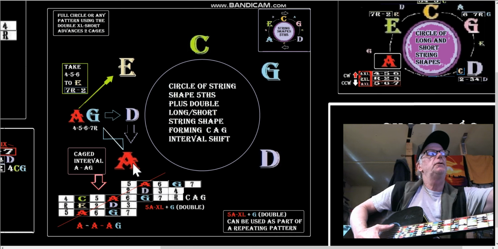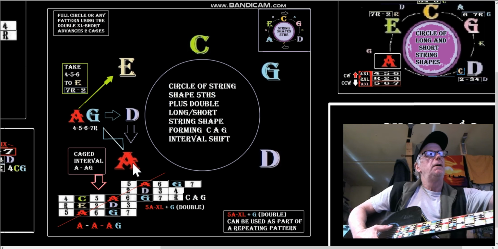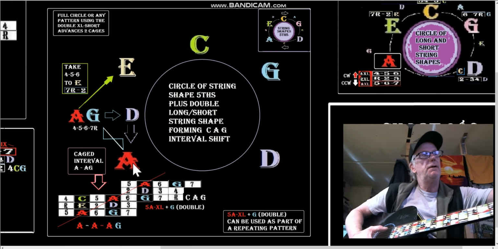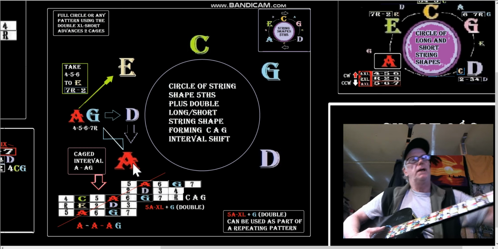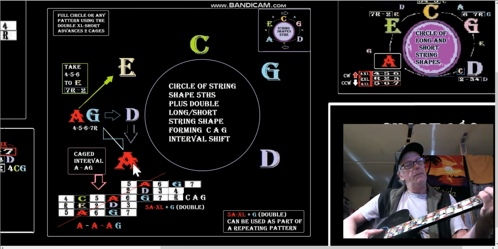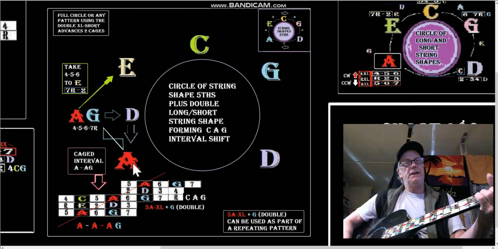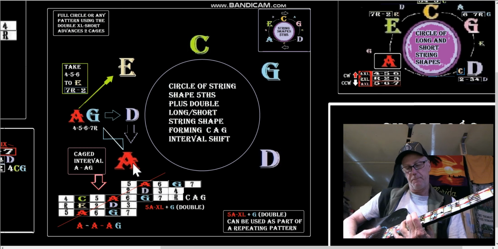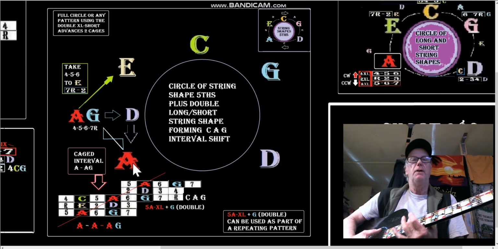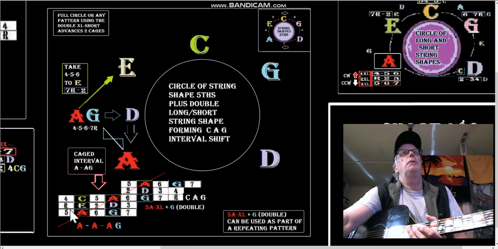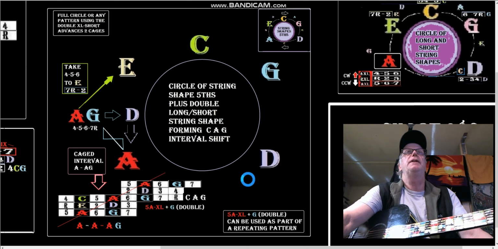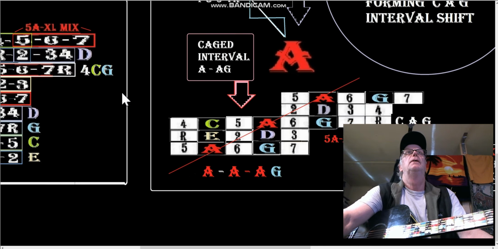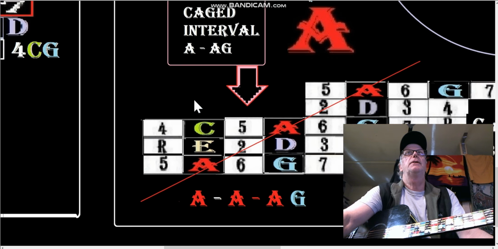So here's your low E, and here's my low C. Okay, so if I play that E shape C there, notice I can't get the 7th. So we play the long pattern, and that's why there's an E there. Now we're back to this.